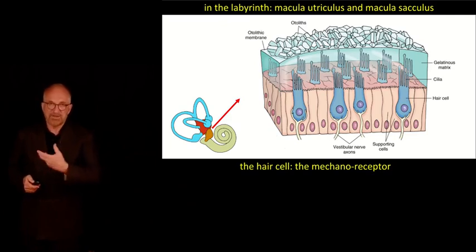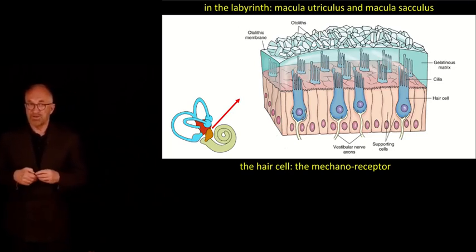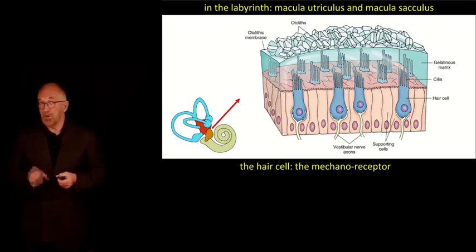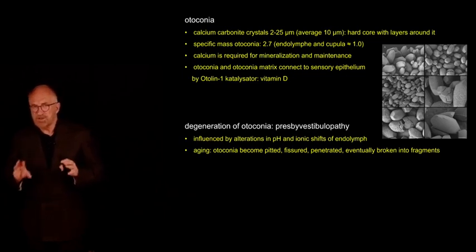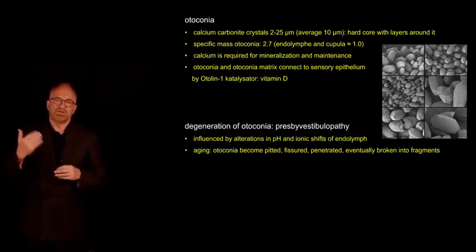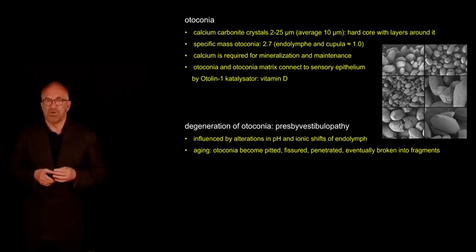Now here the hair cells are oriented in different ways, so they can also detect different directions of head movements. These calcium carbonate crystals have an average size of only 10 micrometer. They are very hard. And there are many questions about how the precise metabolism of these otoconia is organized.